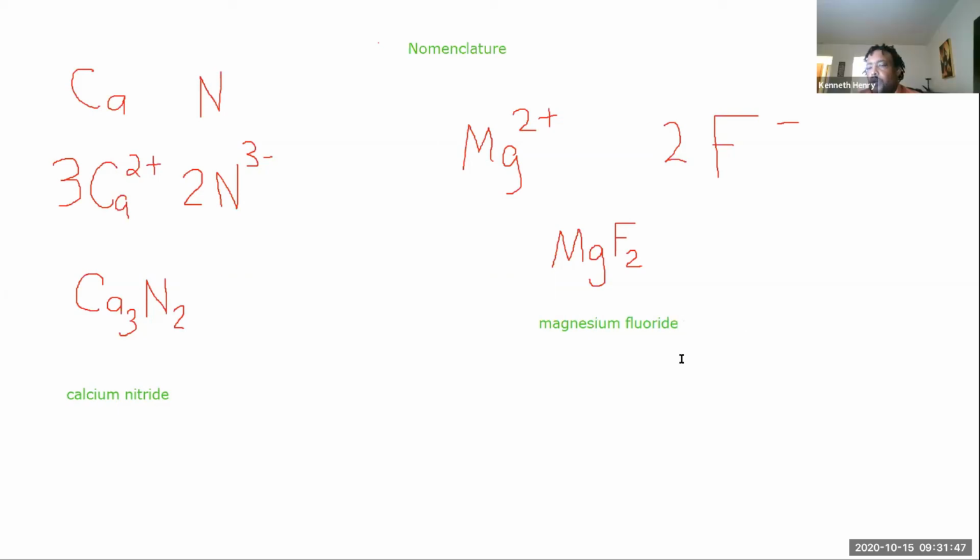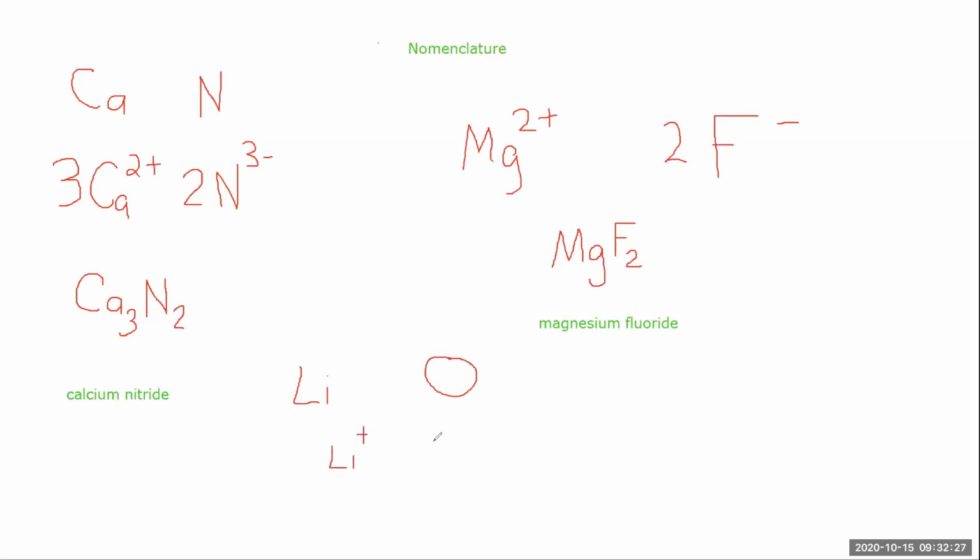Okay, so we'll do one more and then we'll have to stop. Let's do oxygen and lithium. So these guys were hanging out. What are going to be the ions formed? Lithium is +1.